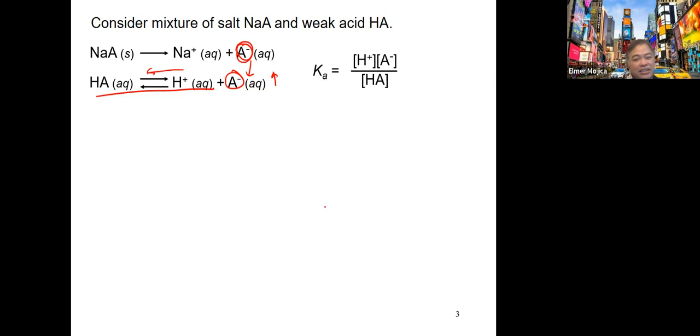So what will happen here? Okay, so you want to determine what will happen to the pH. So maybe you want to isolate H plus on one side, so you multiply both sides by HA over A minus. Now you might say, why? Because you want to eliminate that. So if you do it on this side, you have to do it on this side also.